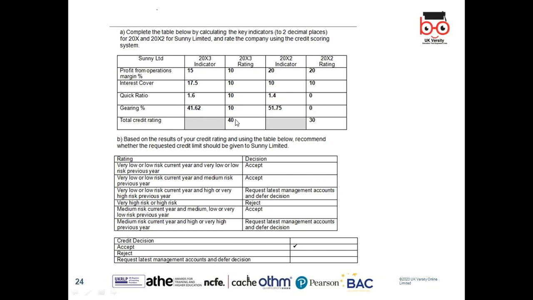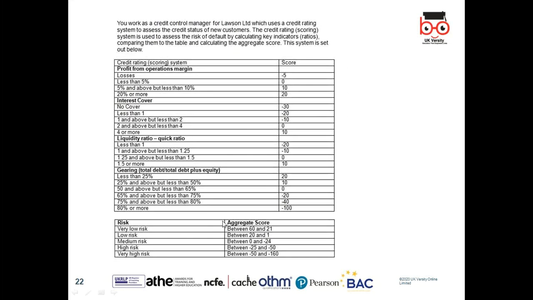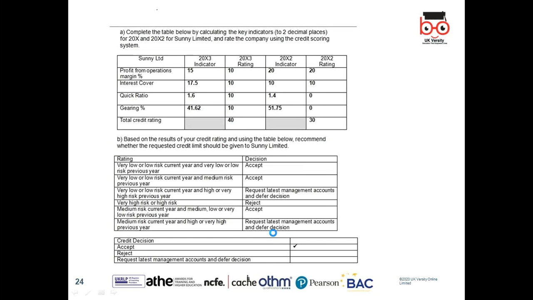So in the year 2010 now, yes, we need to look around. The overall total credit rating is 40 and 30 in these years. So it has increased, and it is a very low risk in this, because it falls in our rating criteria.